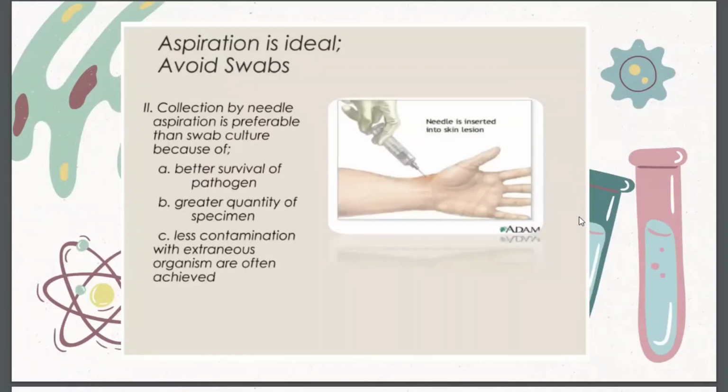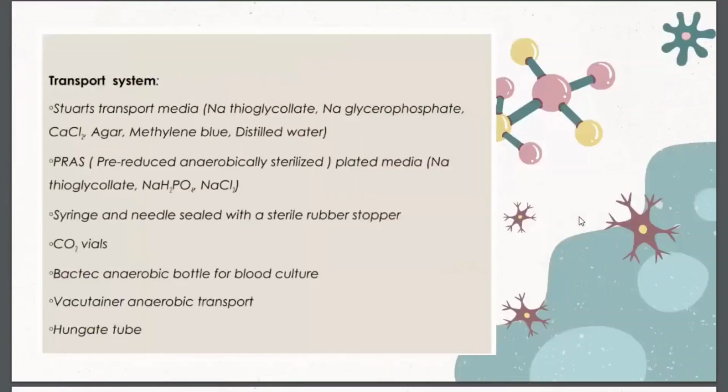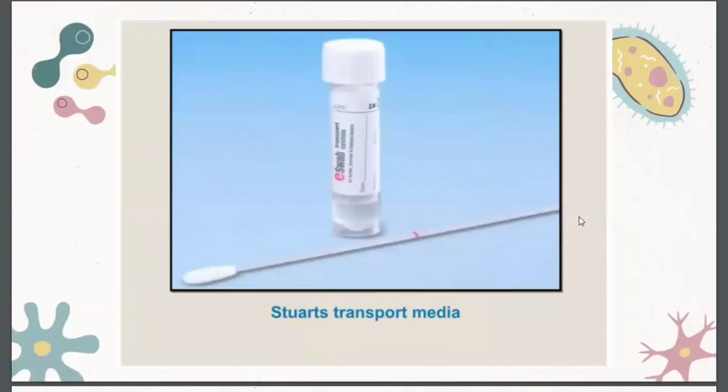So we have transport systems such as transport media, PRAS or pre-reduced anaerobically sterilized, a syringe and needle sealed with a sterile rubber stopper, CO2 vials, Bactec anaerobic bottle for blood culture, Vacutainer anaerobic transport, and the Hungate tube. So this is the transport media.